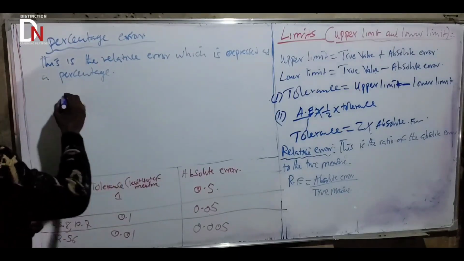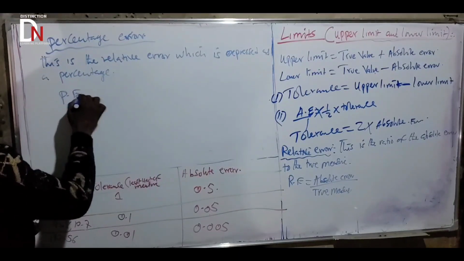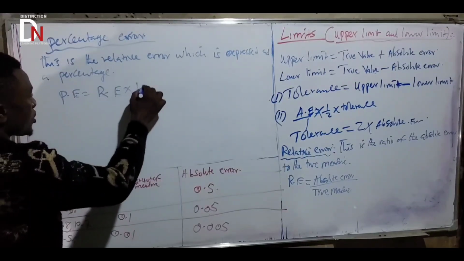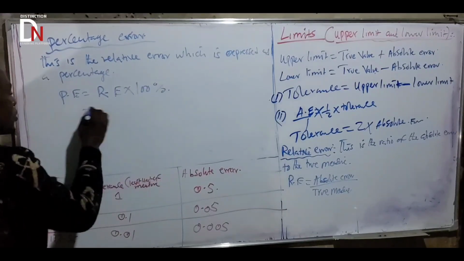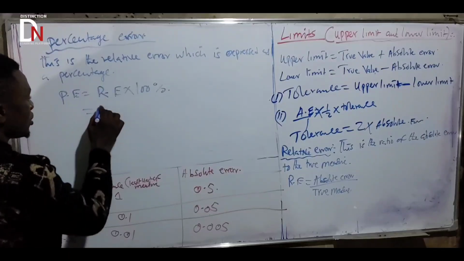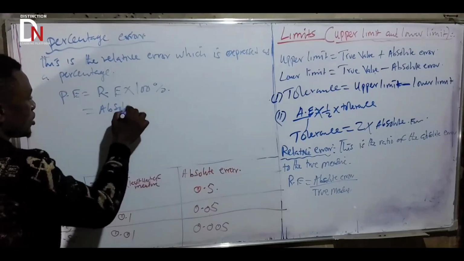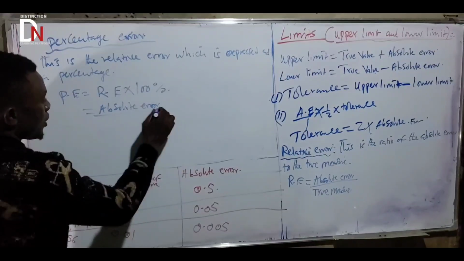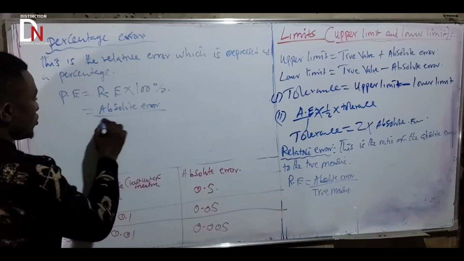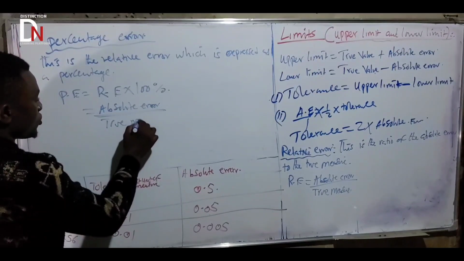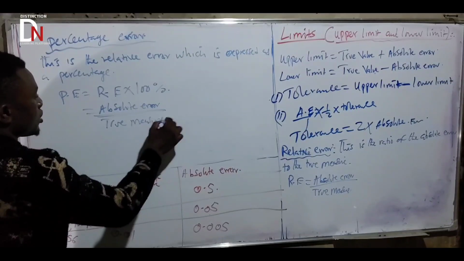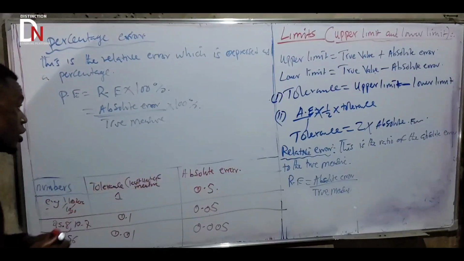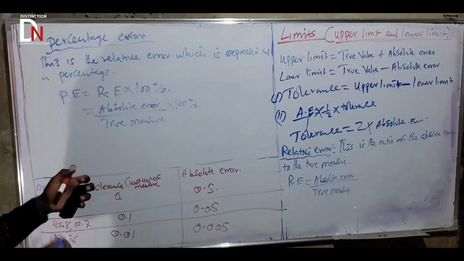So basically, percentage error is equal to relative error multiplied by 100%. Now, the relative error we know to be absolute error divided by true value or true measure, multiplied by 100%. So basically, this is the formula when you want to find the percentage error.